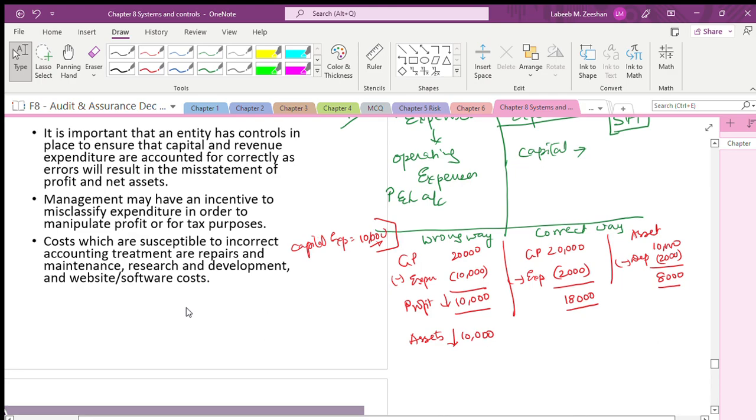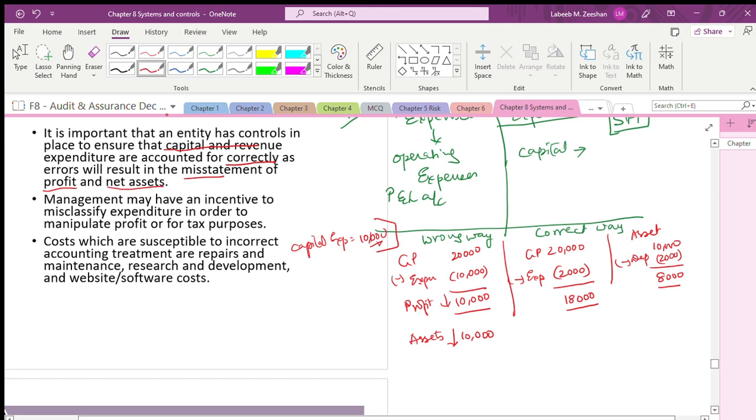It is important that the entity has controls to ensure that capital and revenue expenses are accounted correctly, as errors will result in misstatement not only of profits but also of assets.